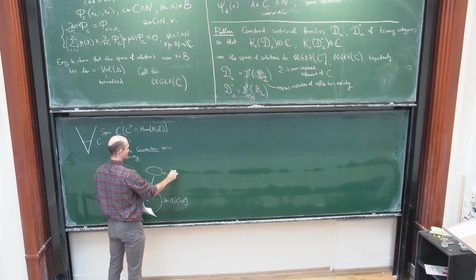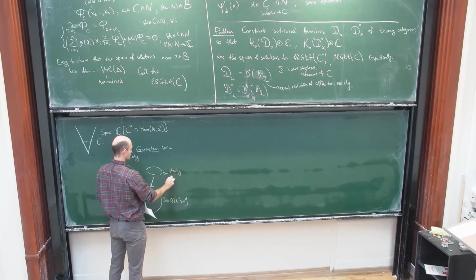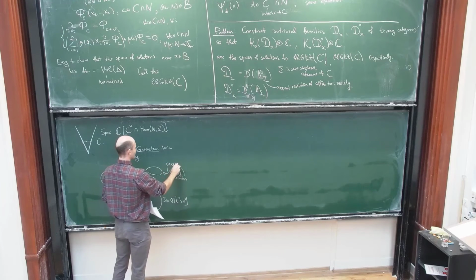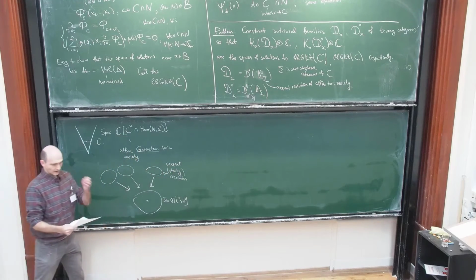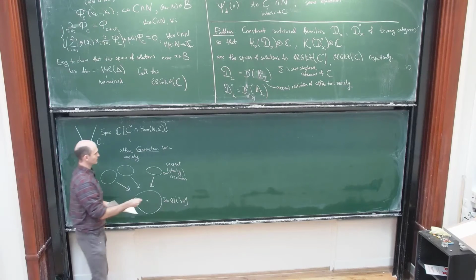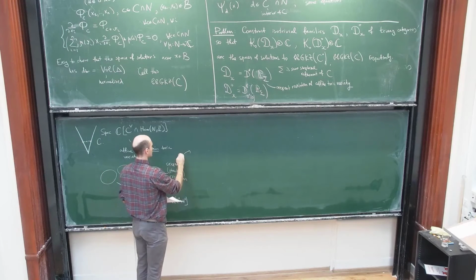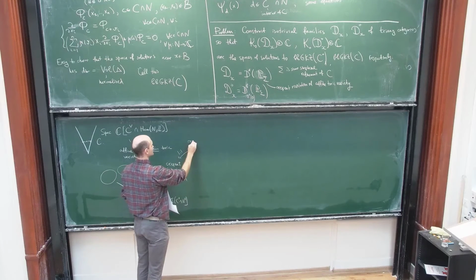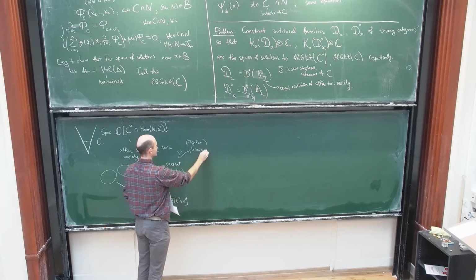This, in principle, would be a stacky resolution. The important thing is the fan. And there is a one-to-one correspondence. The one I'm interested in is they correspond to triangulations of delta.